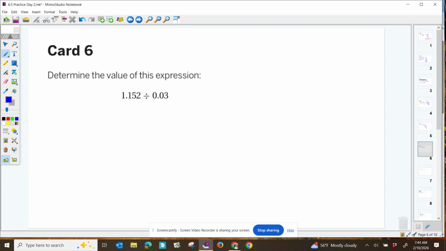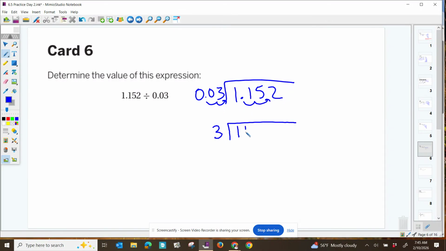Here we go. Determine the value of that. The first number goes in the house. Oh, totally messed that up. 1.152 divided by 0.03. Move two spots, 115.2.